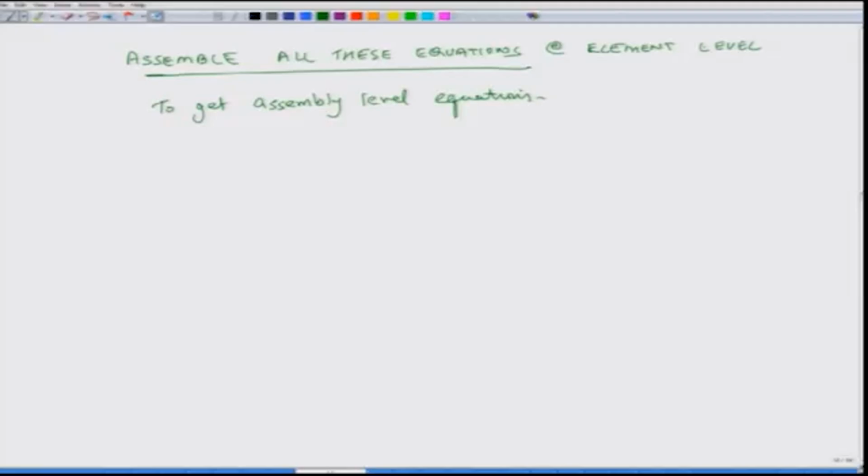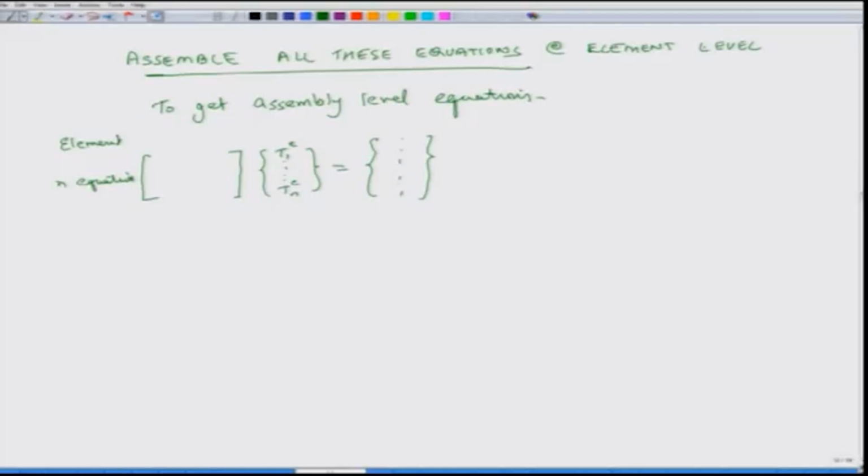So at element level, if there are n equations, then there will be n variables, t1 to tn, right? And this is for the eth element, right? And there will be some constants here, some vector.